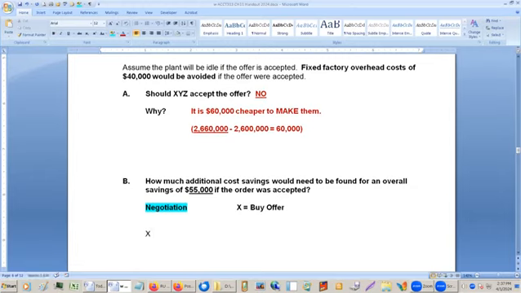Right now, X is $60,000 worse off, and we want it to be $55,000 plus.